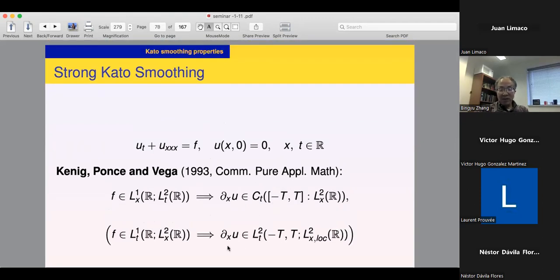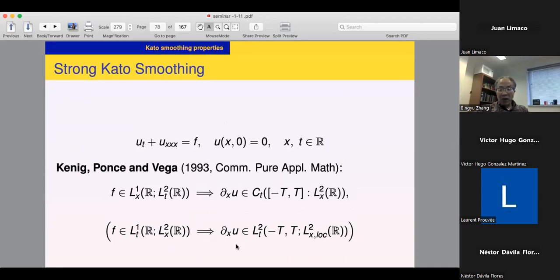As a comparison, Kato smoothing basically says you have L2 about time, L2 about space. But in this one, you can see about time it jumps from L2 to L infinity; it's continuous about time.